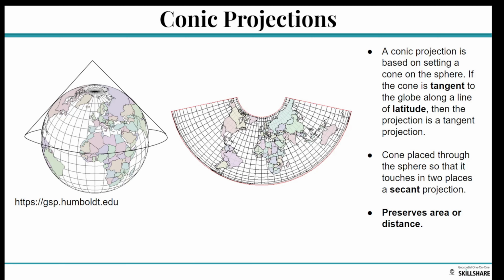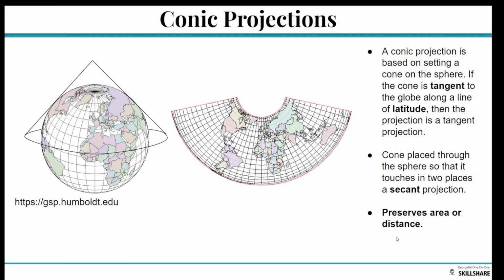So if you fit a cone on top of a globe, with a light inside the globe and looking at the globe from outside the cone, the parts, there are two ends that are likely to touch the globe. And when these ends touch, we are able to get the true shape, we are able to get the true size of things that are on the globe.